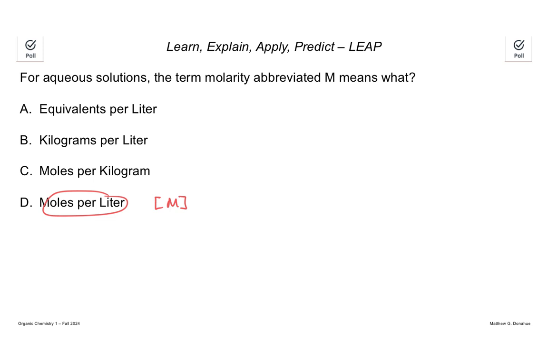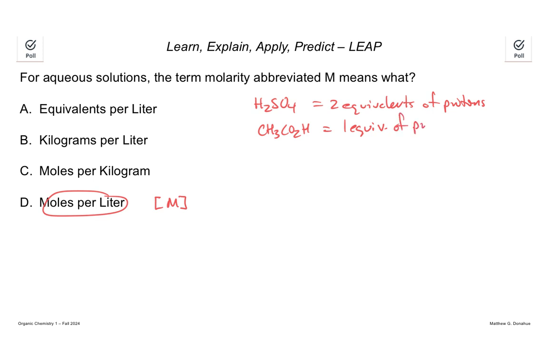What does equivalence mean? So if I say H2SO4, we can think of that as two equivalents of proton. Like acetic acid, CH3CO2H, that would be one equivalent, when we're talking about that acidic OH group.